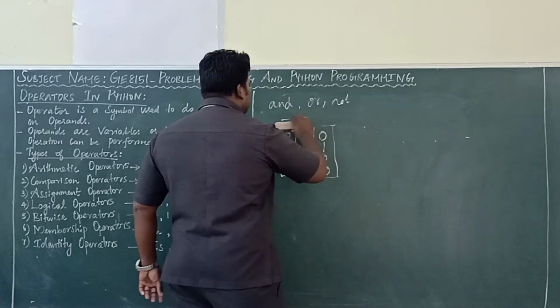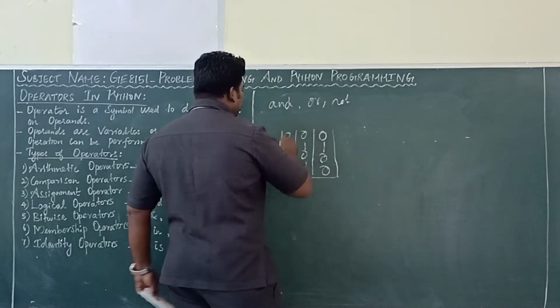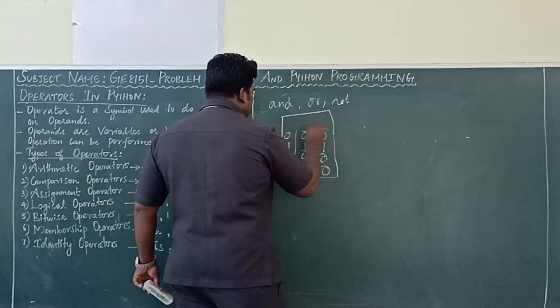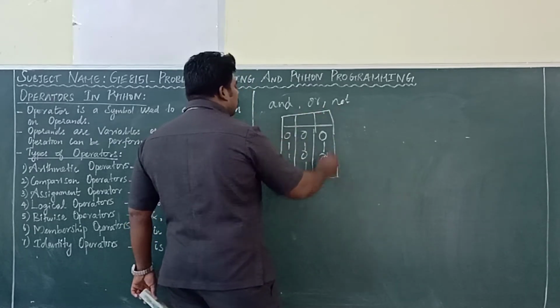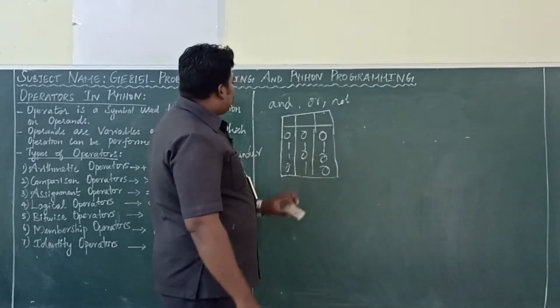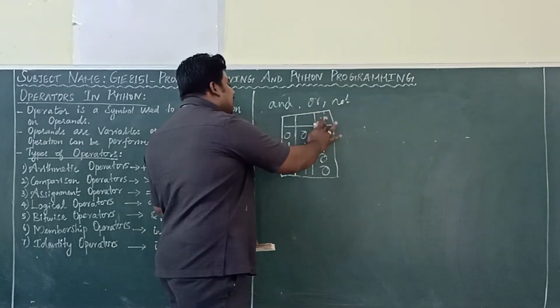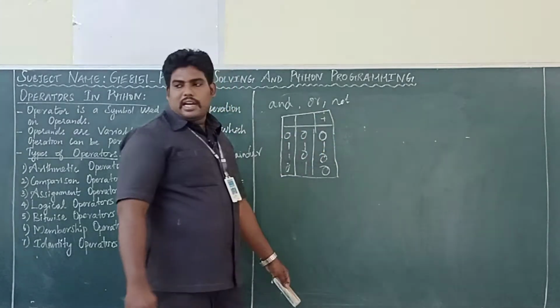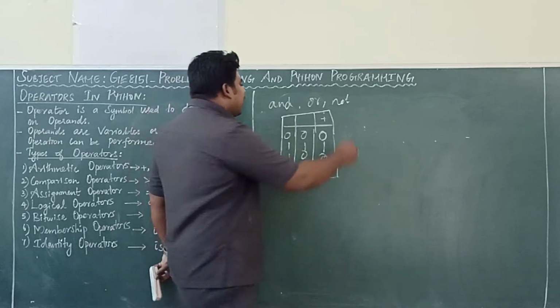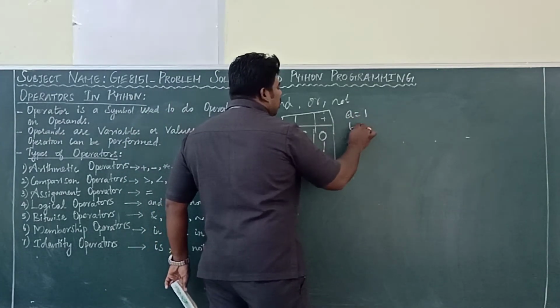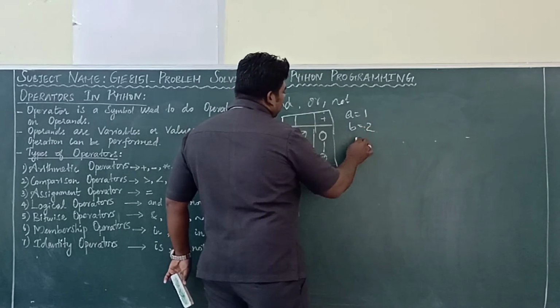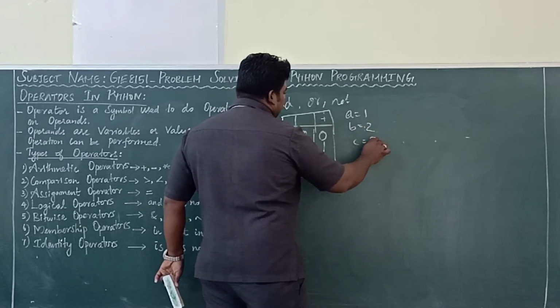Okay. Now the second one is OR. It works like addition. Here also take three inputs: A equal to 1, B equal to 2, C equal to 3.